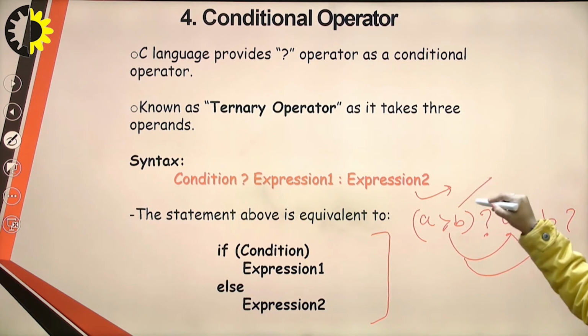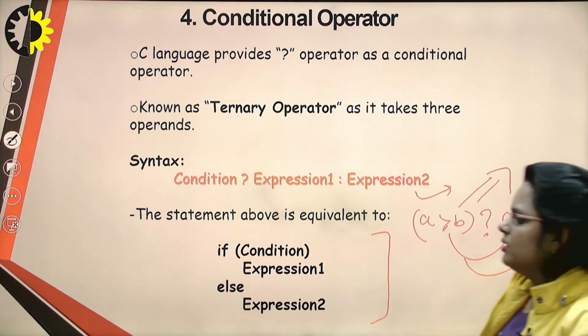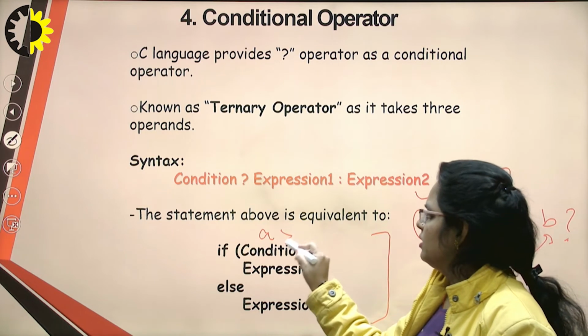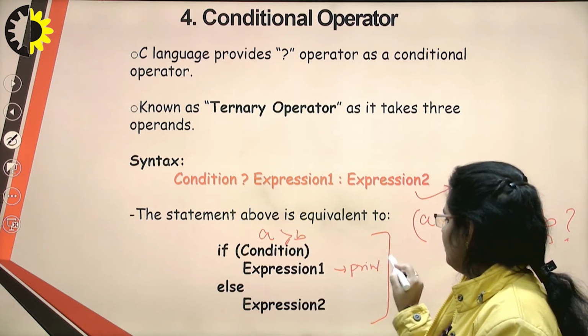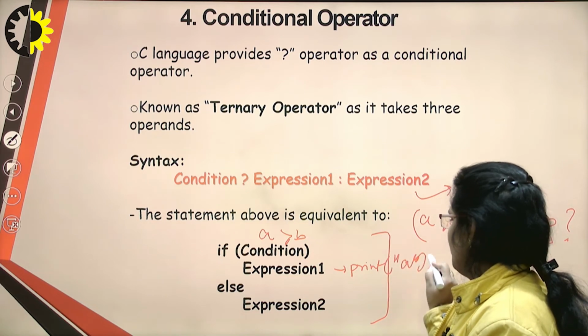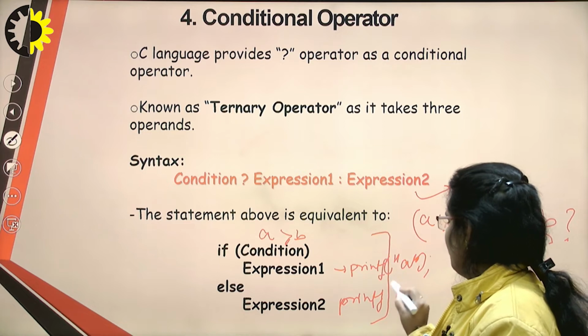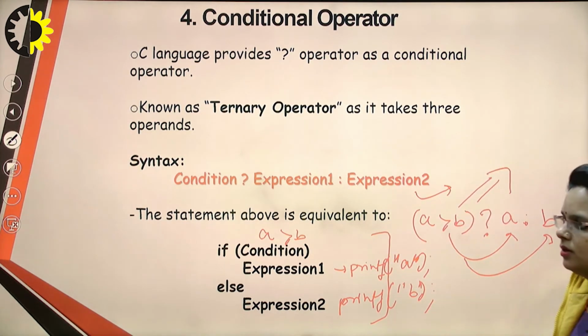So this expression evaluates the largest value among two numbers, A and B. We can say this is similar to this. We are supposed to write the same expression in an if-else condition. Here the condition would be written, and it would printf A, else printf B. So this is doing the same thing.